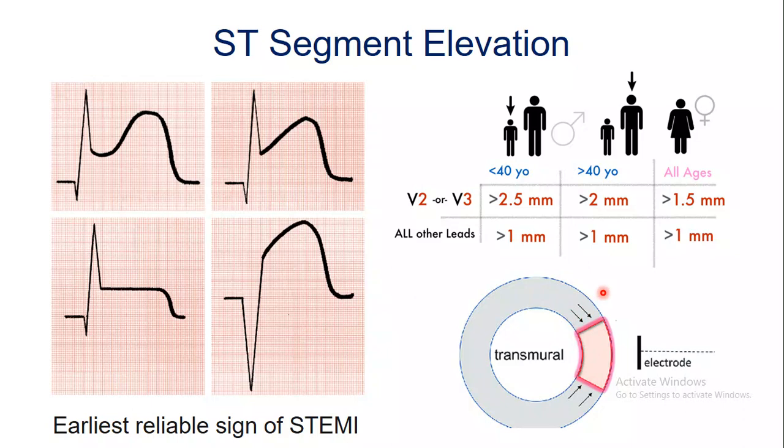The direction of this current in a patient with transmural myocardial infarction is towards the infarcted segment. So it will lead to a positive signal on the recording electrode, or elevation, like this picture.